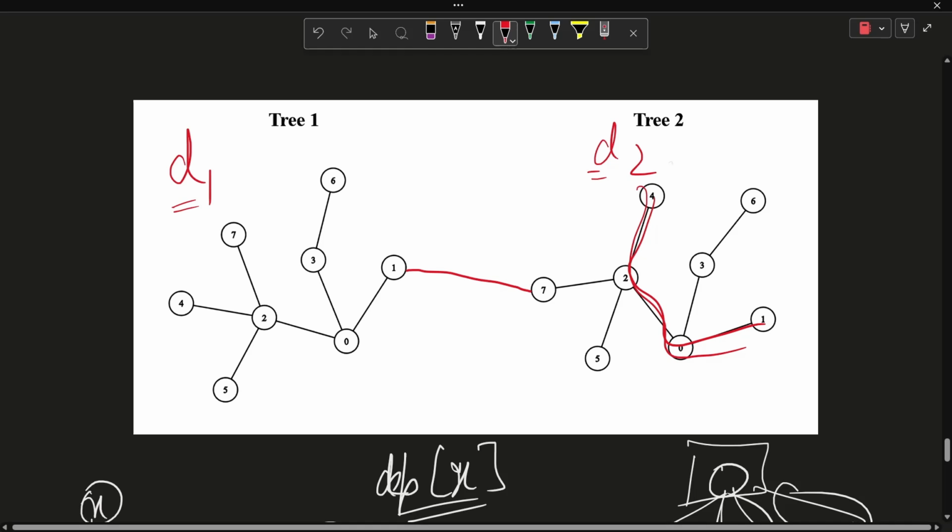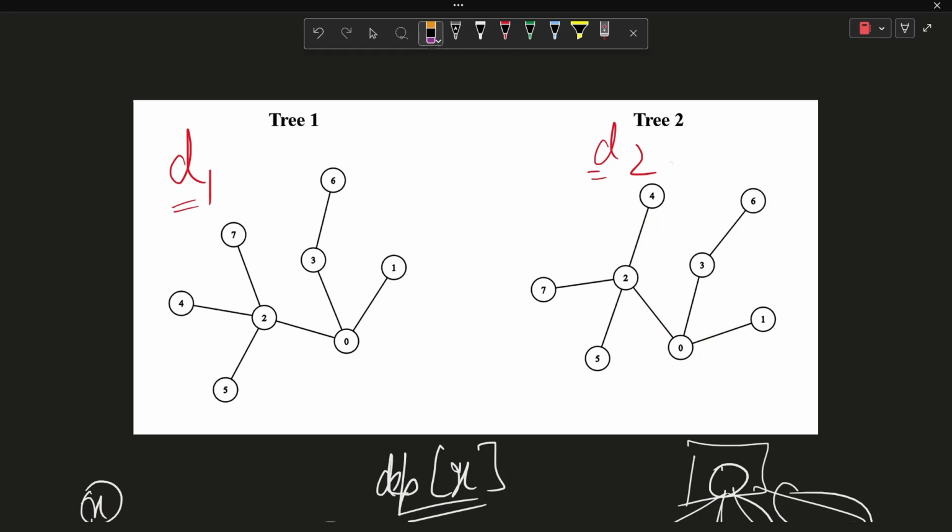Or maybe we can have a path that goes through both trees. So the longest path is either in the first tree itself or in the second tree, D1 or D2. Otherwise, we analyze all the paths involving both the trees, and the maximum among those paths, if we compute that and call it D3, then the max among D1, D2 and D3 is our final diameter if we are connecting through this.